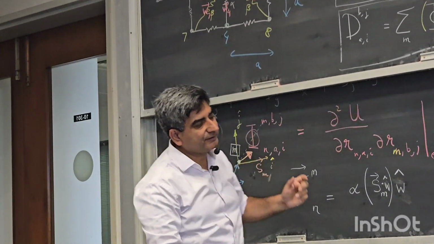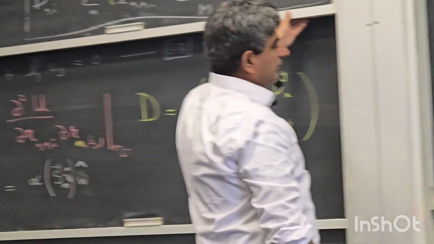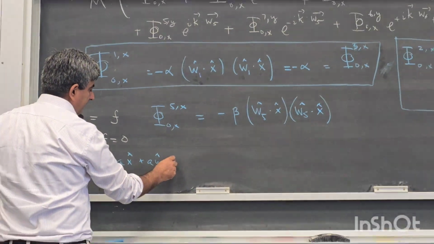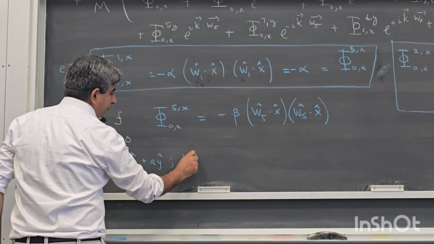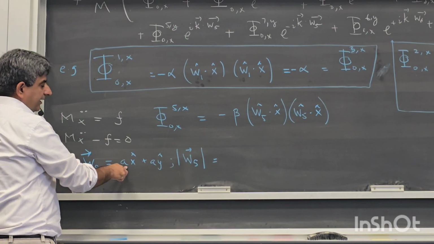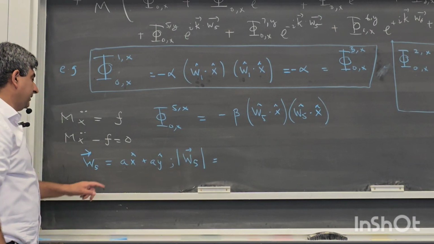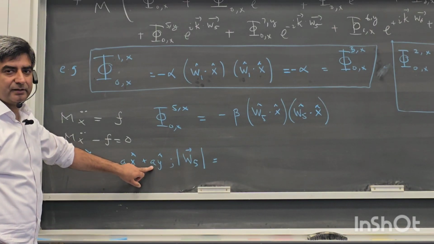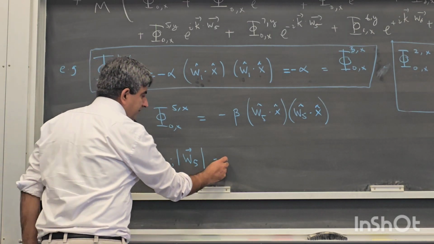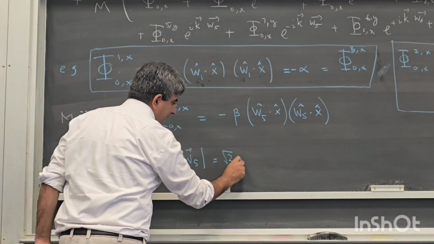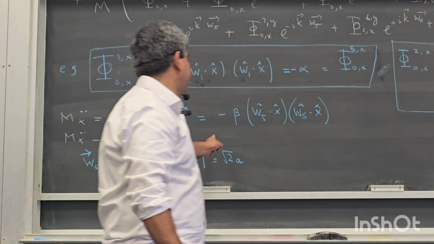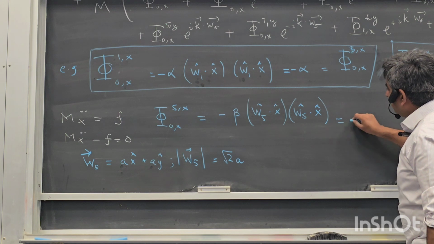X and Y are unit vectors. So I take the magnitude of W5, A square plus A square, square root. It's under root 2A.